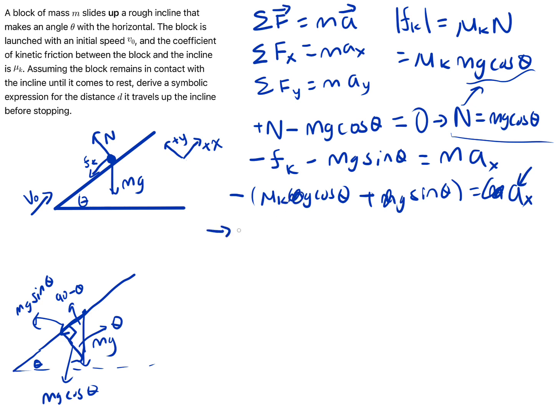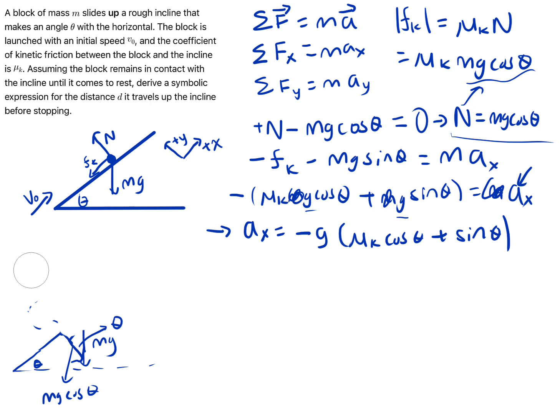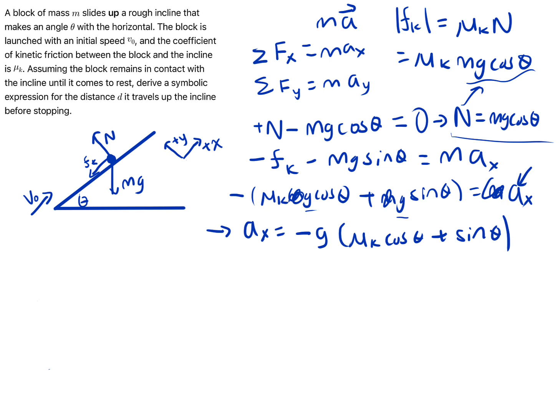So we get that the acceleration in the x direction is equal to negative g, pulling the g out too, times mu k cosine of theta plus sine theta. Okay, so now we have an expression for the acceleration in the x direction. I'm going to erase everything here.